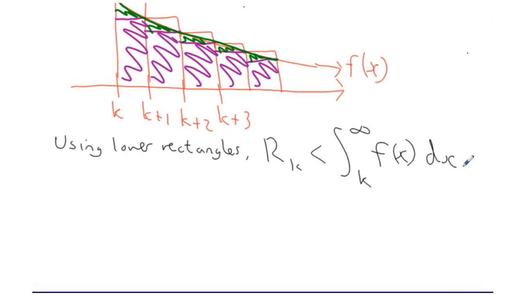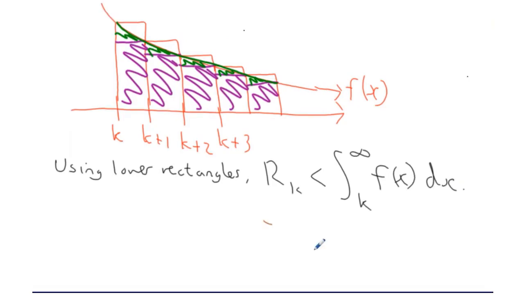Now we need to do something similar with the upper rectangles. We use an orange to represent the upper rectangles, so that would be this area here. So the upper rectangles cover all of that. It's getting a bit messy, I do apologize. But using the upper rectangles, we're looking to show an overestimate. And we're comparing it to the integral from x equals k plus 1 to infinity.